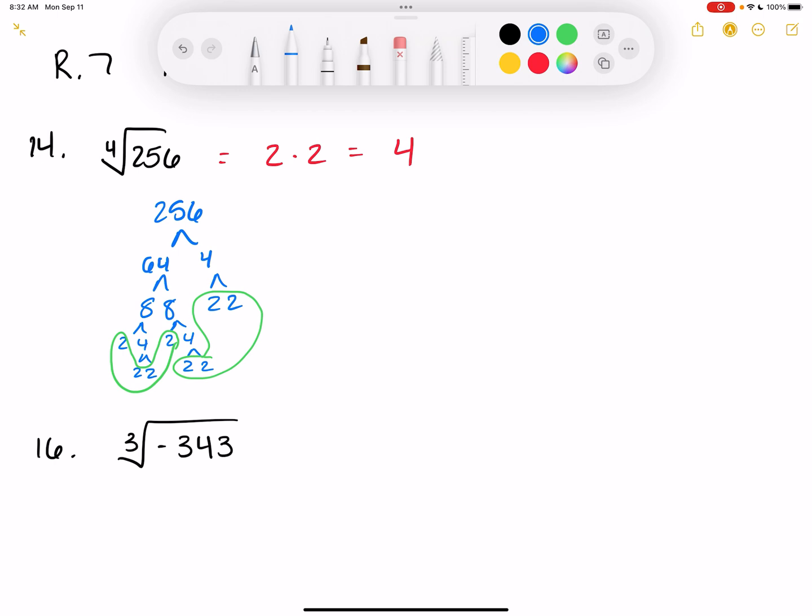We can still break it down the same way. Anybody just want to guess? It's too high. 7. 7. Yep. So this is just going to be negative 7.